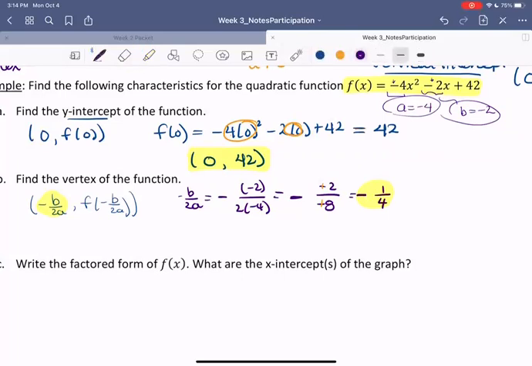So now let's go ahead and find the output or y value of our vertex. So we need to plug in -1/4 into f in order to compute that output point. So we have -4 times (-1/4) squared minus 2 times (-1/4) plus 42. I encourage you to take a moment and pause the video and work out that expression for yourself, and then we'll check our answers.